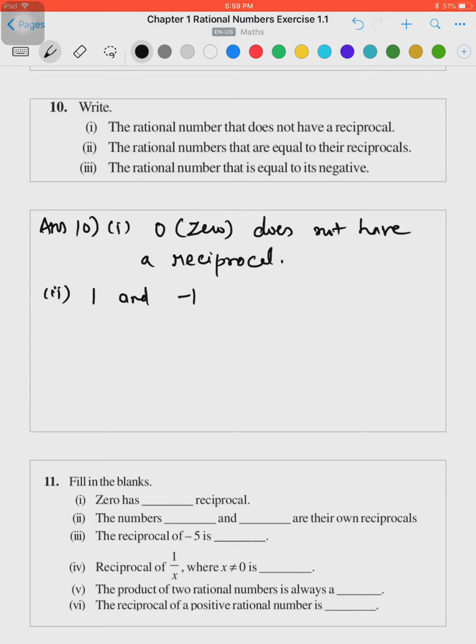Third, the rational number that is equal to its negative. The rational number that is equal to its negative is again 0, because the negative of 0 is again 0.